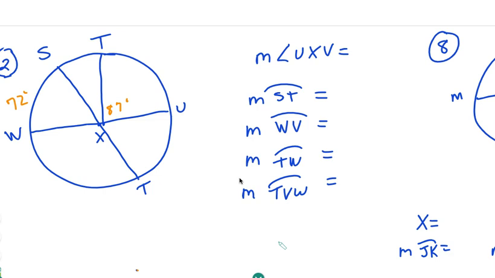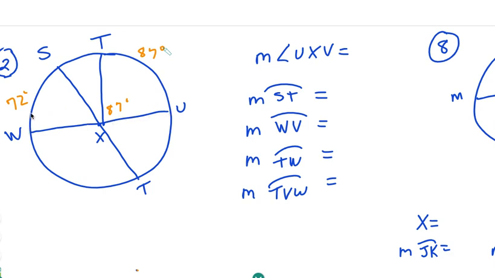All right, so let's go through and see what we know. We have arc SW is 72 degrees. We have angle TXU at 87 degrees, which because it is at the center, that means TU is going to be 87 degrees for the arc. Now, in order to find arc ST, you'll notice that we're working with a diameter.